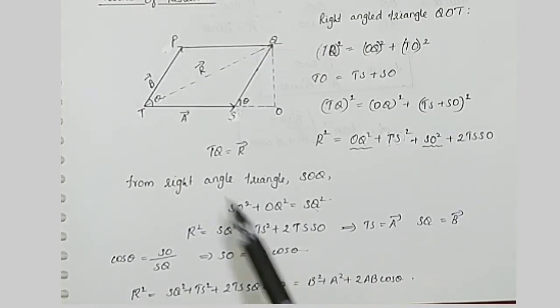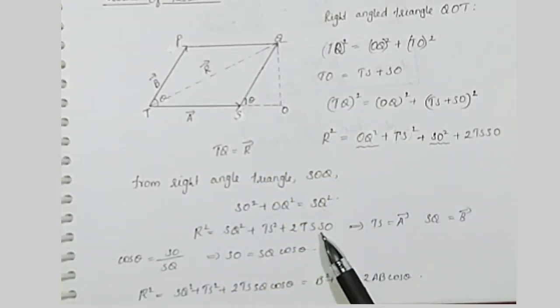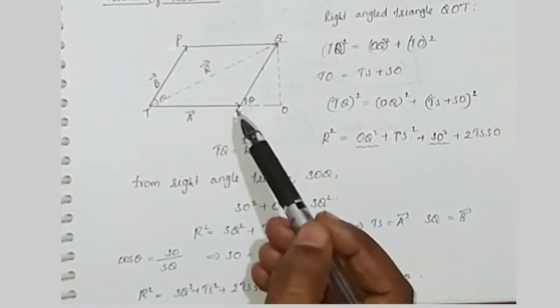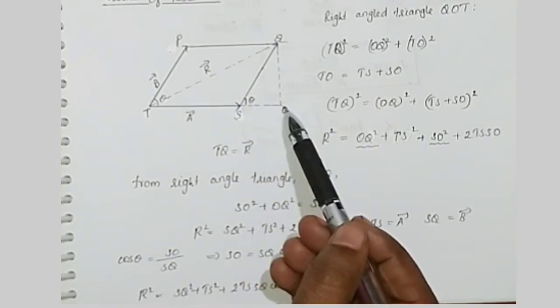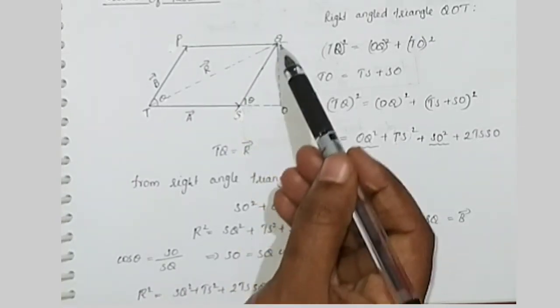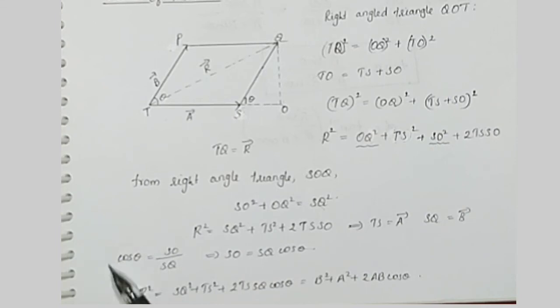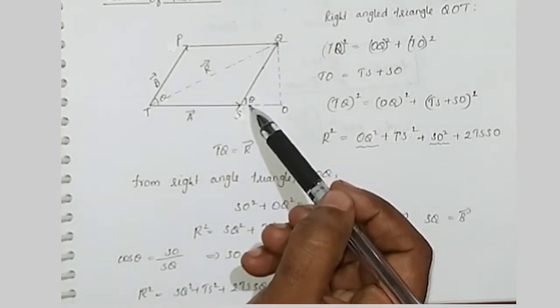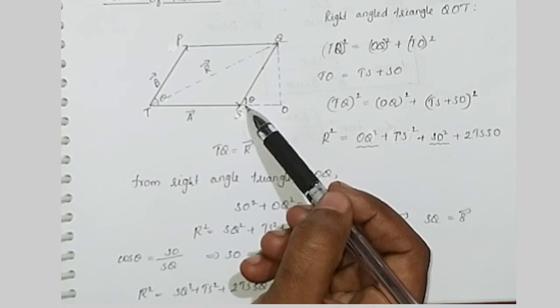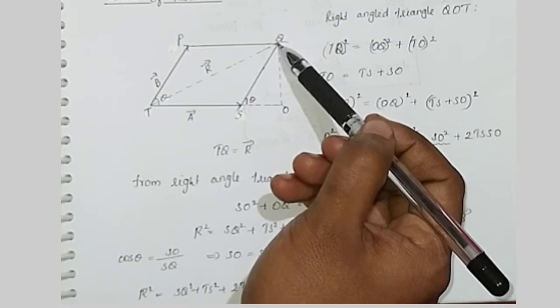And we know TS, that is this, is the vector A, and SQ is vector B itself, and now the unknown is SO, that is this small extension. To get the small extension in terms of the vector, we use the small right angle triangle, and from that we write cos theta. Here if we apply trigonometry, cos theta is equal to adjacent by hypotenuse, that is SO by SQ.